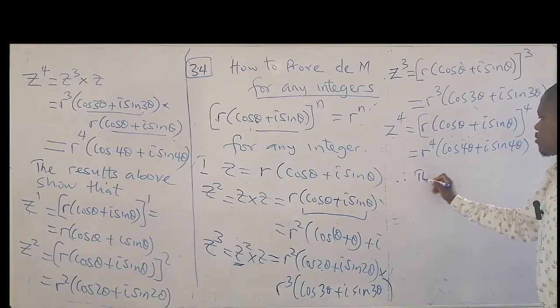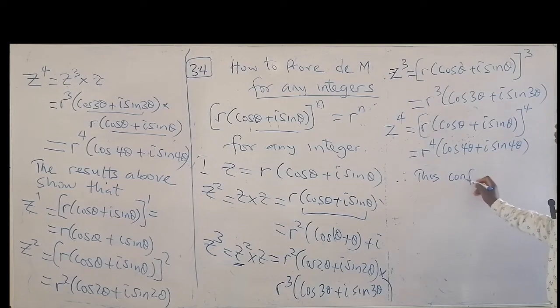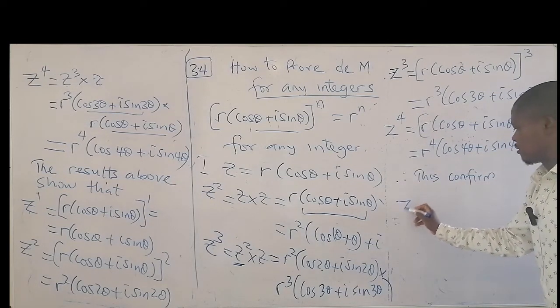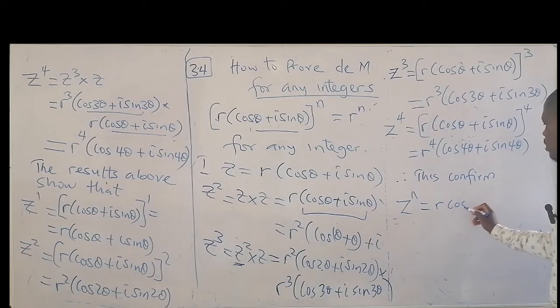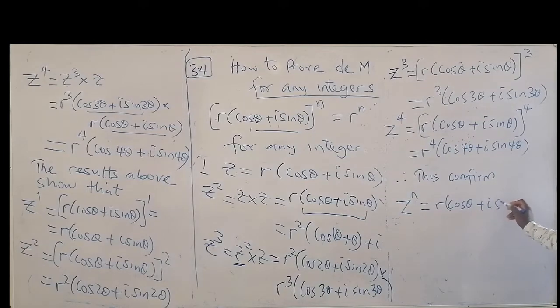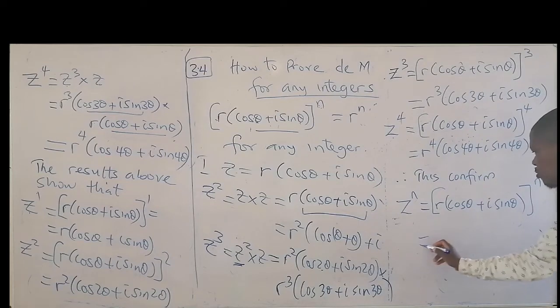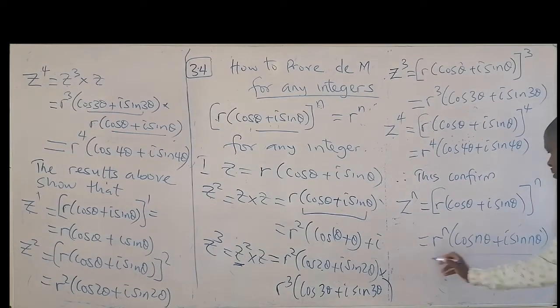Therefore, this confirms that z to the power n is equal to r(cos theta plus i sin theta) to the power n, and that will be equal to this one. So that's confirmed, and this is what we call De Moivre's theorem.